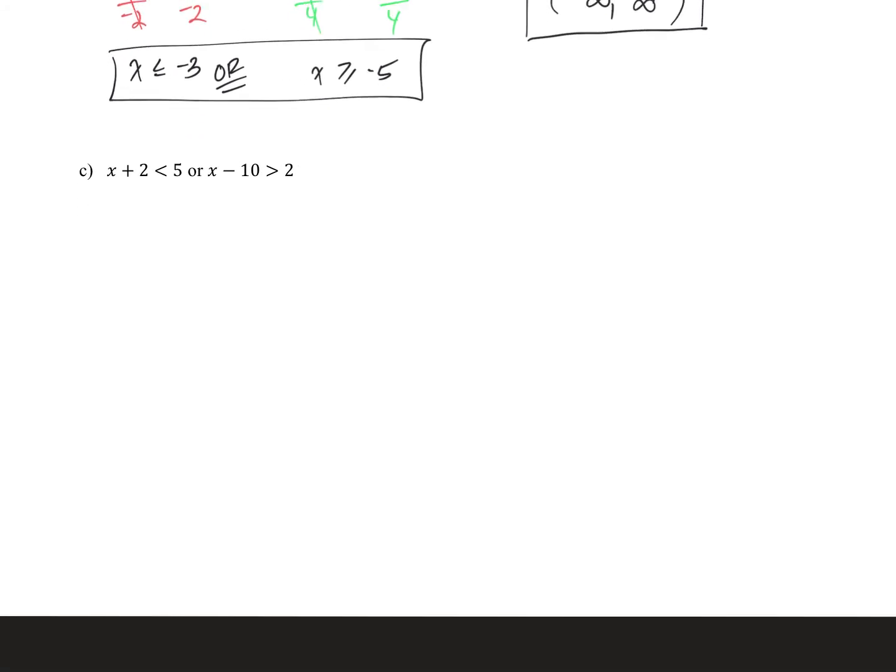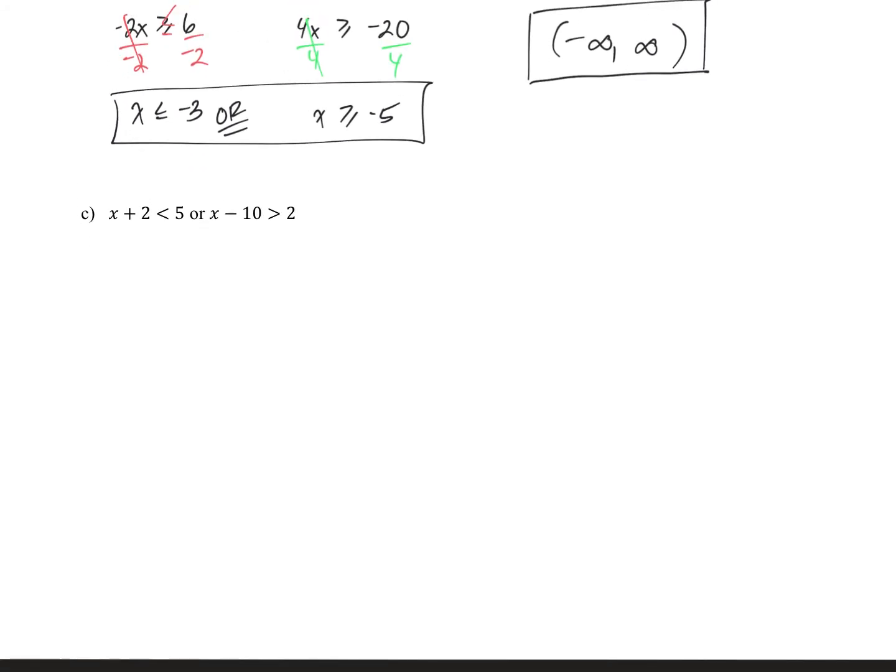Kind of interesting. All right, our last example. It's once again an or statement, so we'll bear that in mind for when we're finding our final answer on the graph. Subtracting 2 from both sides, we get x is less than 3, or we'll add 10 to both sides, and we get that x is greater than 12.